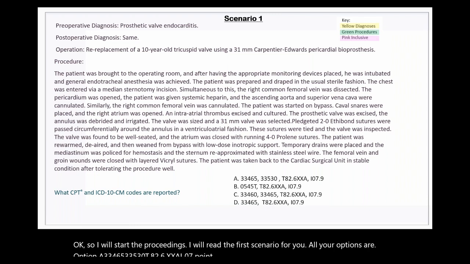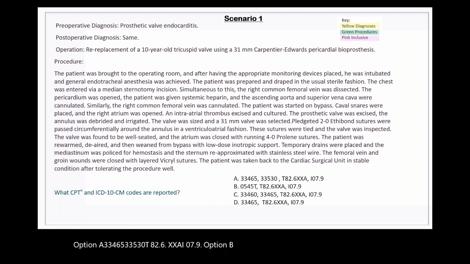Option B, 0545T, T82.6XXA, I07.9. Option C, 33460, 33465, T82.6XXA, I07.9. Option D, 33465, T82.6XXA, I07.9.